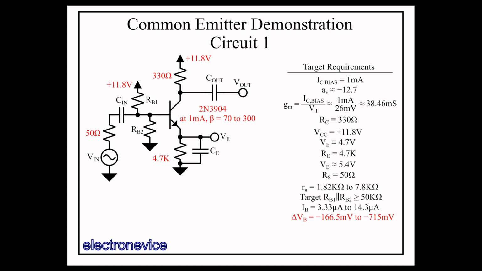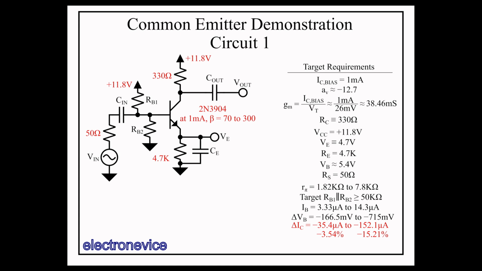Given our 4.7K emitter resistance, and assuming all this voltage drops across that emitter resistance, and our VBE voltage stays at 0.7 volts, this translates to a change in the collector current of about 35.4 microamps to 152.1 microamps, or 3.54% to 15.21% of the collector current. This is a little too significant.